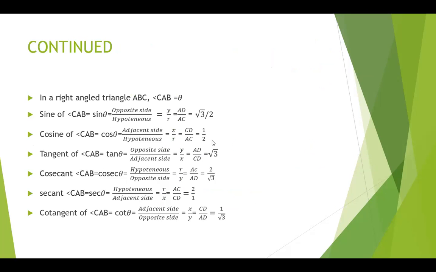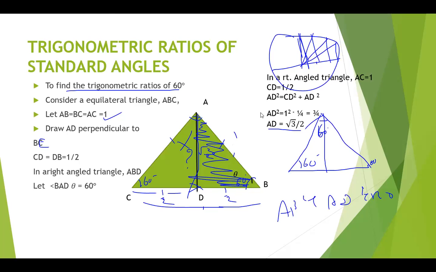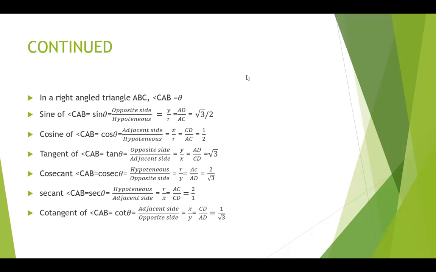Okay. So what we have? For that theta, opposite side y is root 3 by 2. Hypotenuse r is 1. Adjacent side x is 1 by 2. So for this angle, I will describe all the trigonometric ratios. Sine of angle CAB, that is sine theta, here sine 60 degrees.